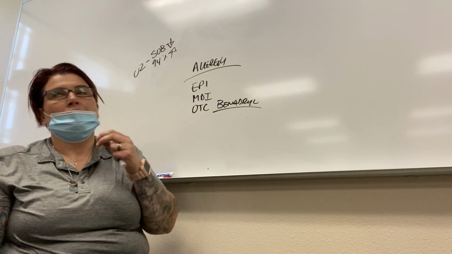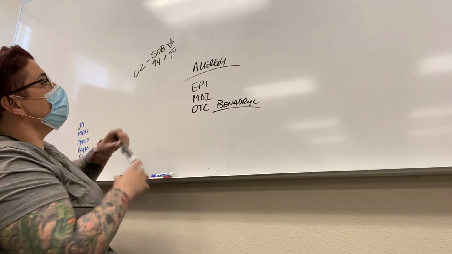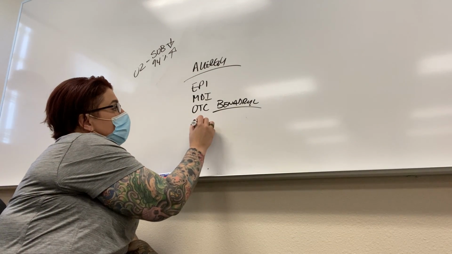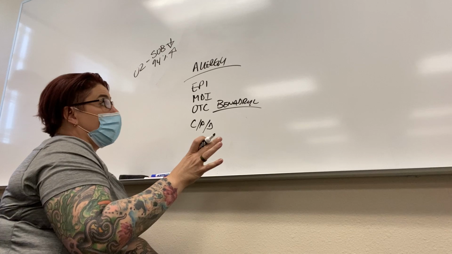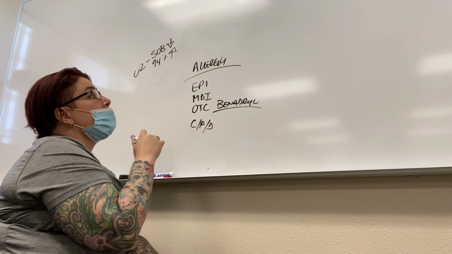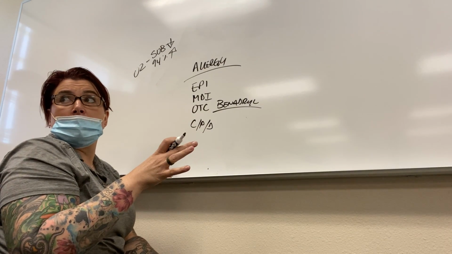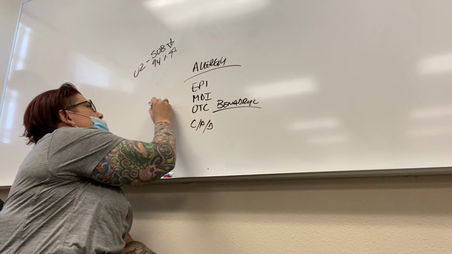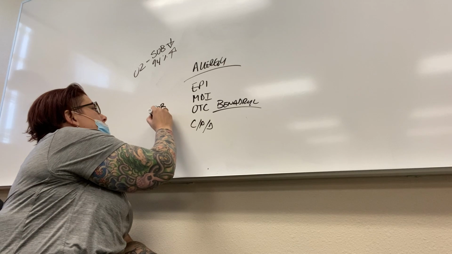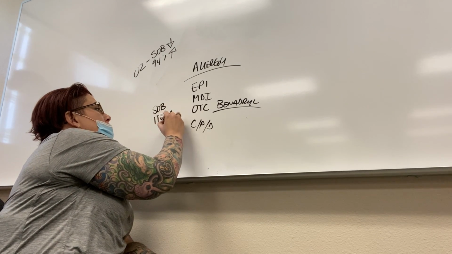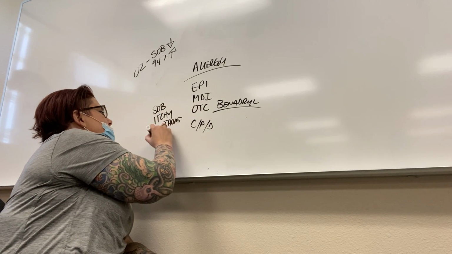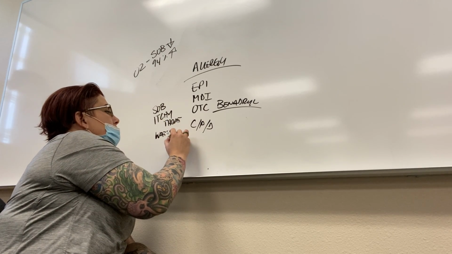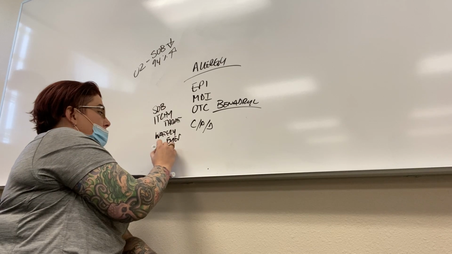Happens all the time. So with this said, this person is going to be cool, pale, diaphoretic. They're in shock when they are having an anaphylactic situation. If it's just an allergy, they can have shortness of breath, an itchy throat, watery eyes, maybe a little bit of a cough.